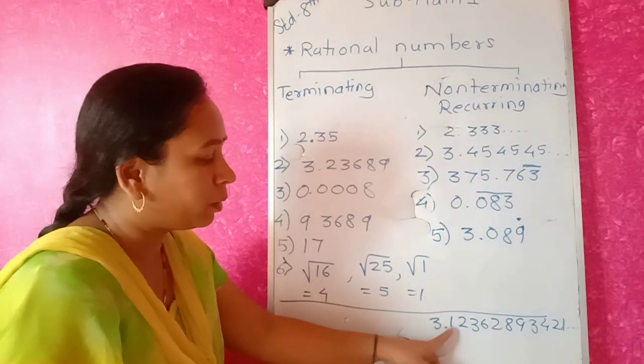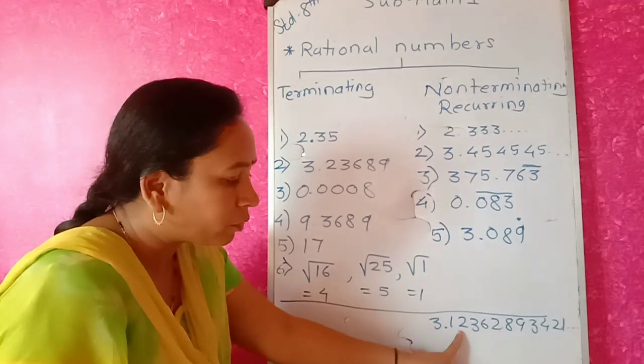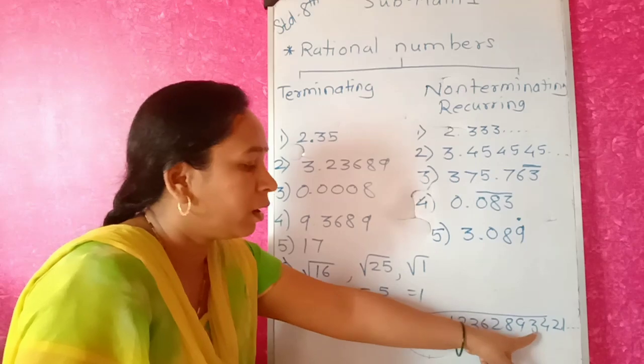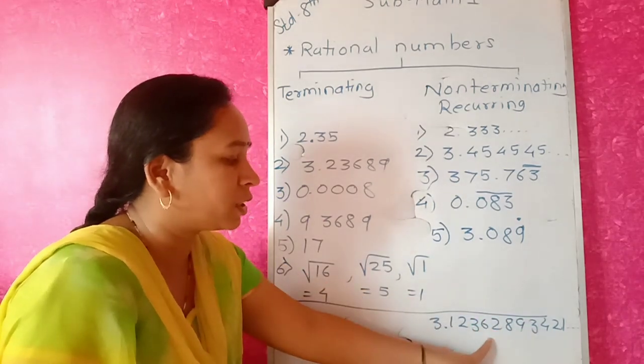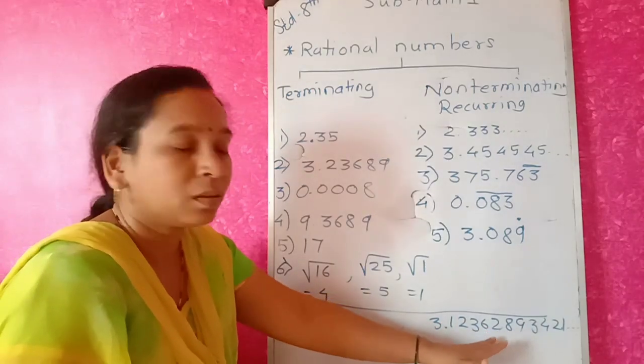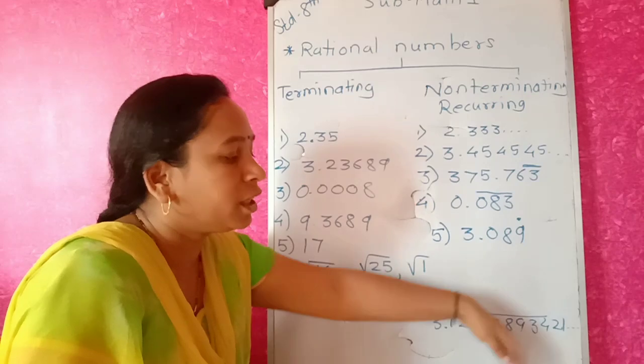For example, 3.1236. 2 is repeating, but after 2 again 3, 6 is not there. So another digit 8, 9. Again 3 is repeated, but after 3, 6 is not there. It means the digits are repeated, but it doesn't have the proper pattern. So these are continued processes.